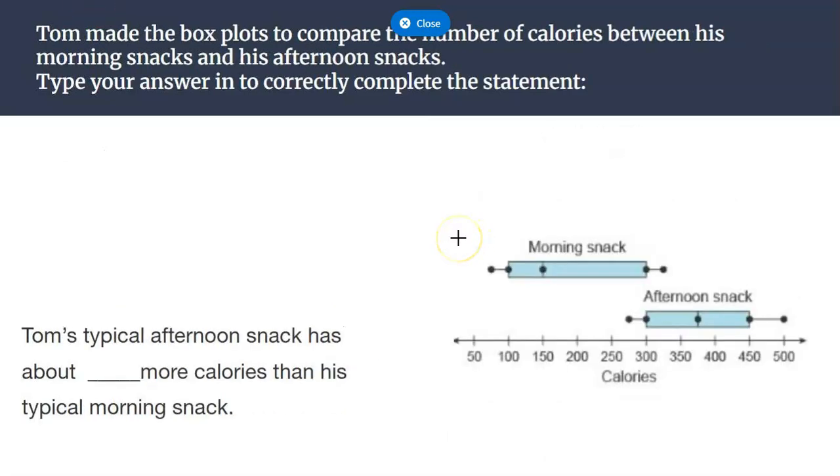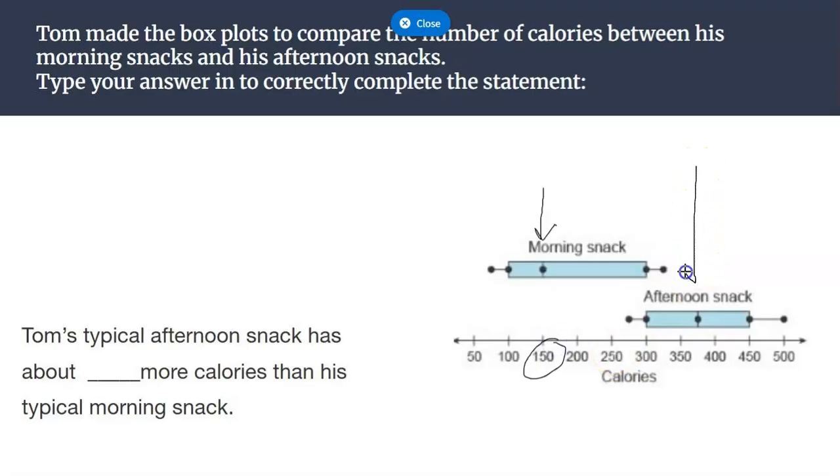In this example, Tom made box plots to compare the number of calories between his morning snack and afternoon snack. Type your answer to correctly complete the statement. The statement is Tom's typical afternoon snack has about blank more calories than his typical morning snack. Okay, I'm going to use typical. Based on the box plot, the thing we really have to go on is our median, Q2. His morning snack was 150.